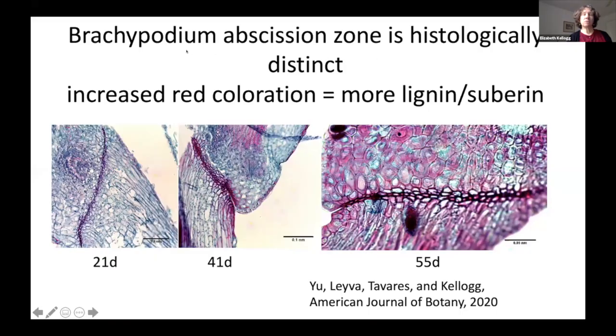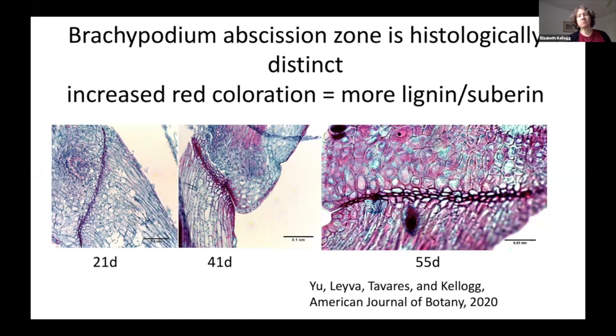And so Rachel looked at Brachypodium distachyon, and what she discovered indeed was this nice little line of small cells right here, very clear. But if you look at the staining, this is safranin O, so the pink means lignin. What you discover is that the pattern is exactly backwards of what I just showed you in rice.